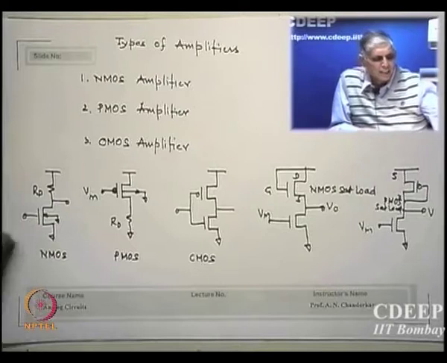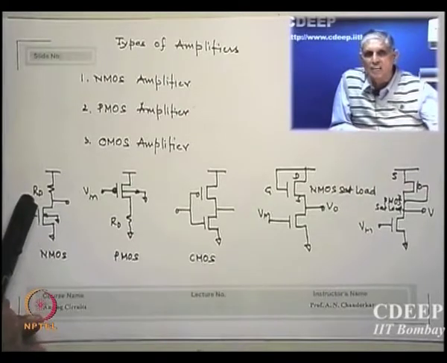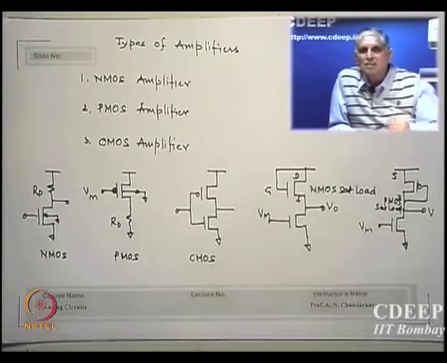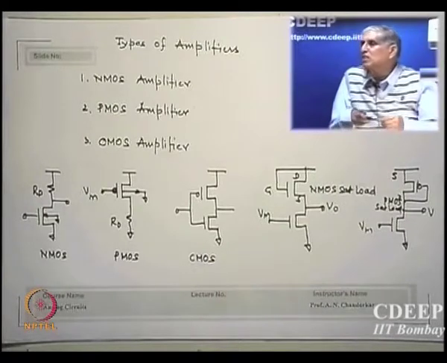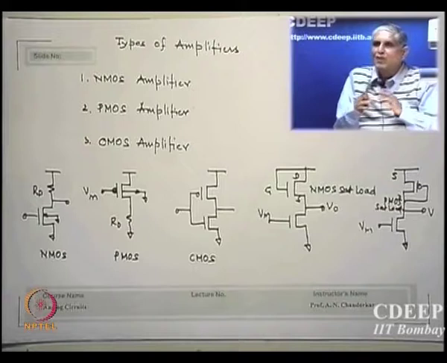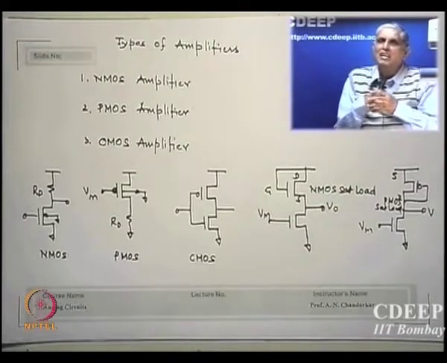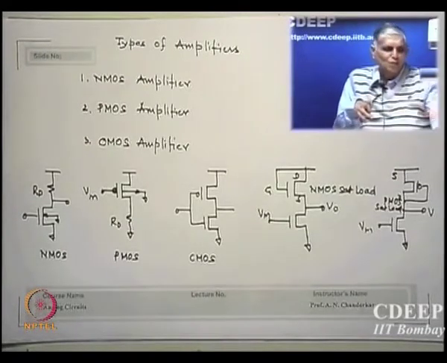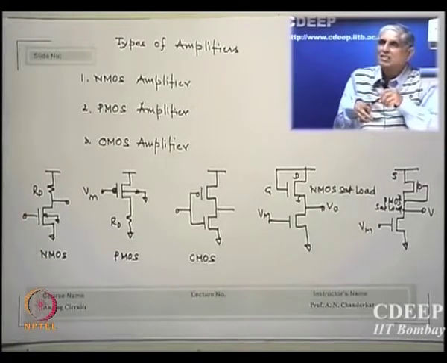So what exactly did we do? We replaced this so-called RD by an equivalent resistance. What is the advantage we get? You have not done any technology, you are not aware, but just for the heck of it, any idea why I am trying to replace resistances by transistors?